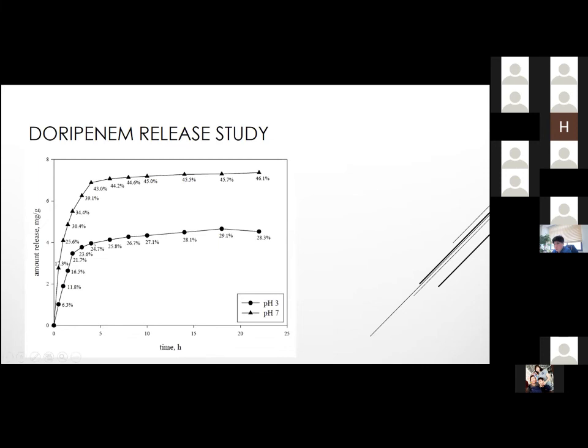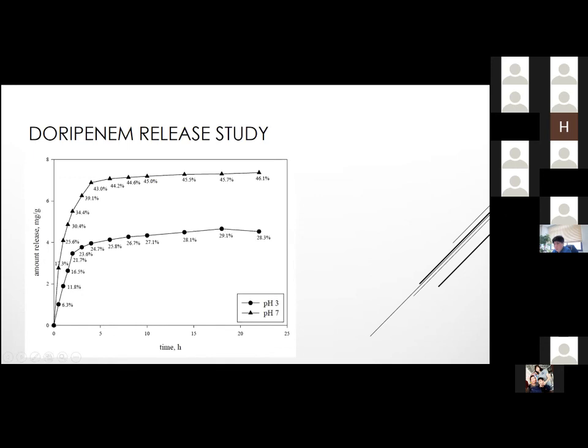However, if we compare the release of this bentonite alginate with the bentonite only, if we use the bentonite only for the controlled release of the doripenem, the release is faster than the data shown here. So actually, we successfully slowed down the burst effect of the doripenem by using the alginate bentonite composite as the drug carrier.